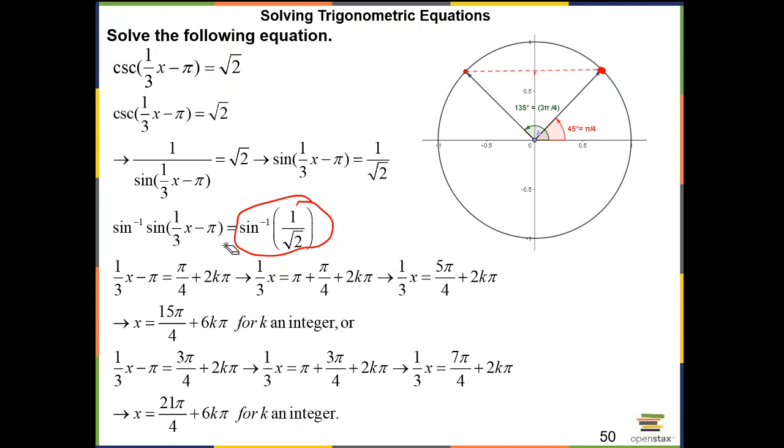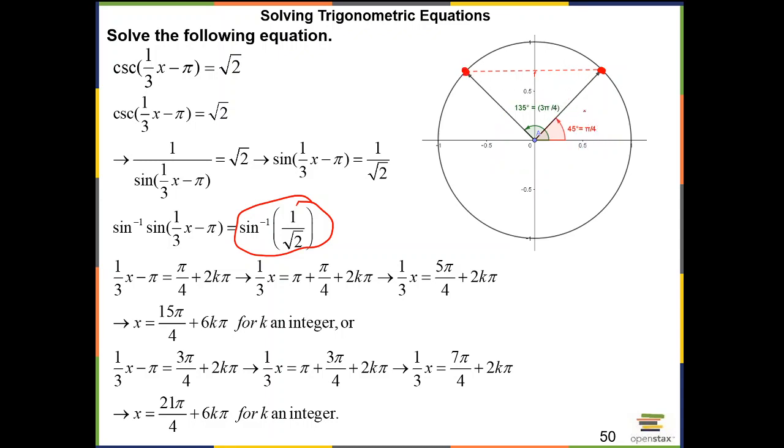So what do we write? We write 1/3 x minus pi equals pi over 4, but that's not the only one. In one complete turn, there are actually two angles that have that sine. One of them is pi over 4. The other one is over here.